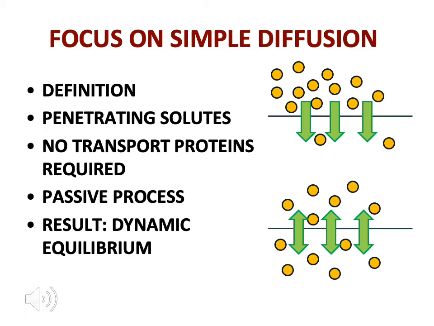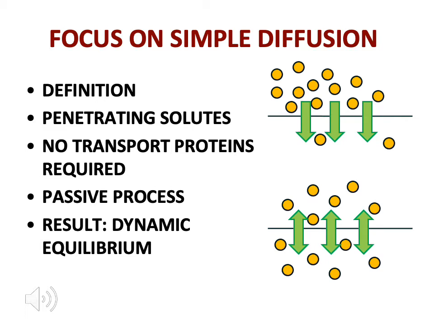So the little yellow balls on our illustration here are solute molecules, and we'll say that those solute molecules are capable of passing through the membrane. So they might be small. More importantly, they're nonpolar. We mentioned this not too long ago. If you are small, if you're nonpolar, and you pass through the phospholipid bilayer, you are technically a penetrating solute. That's what bullet number 2 implies.